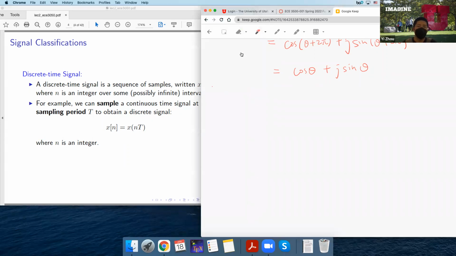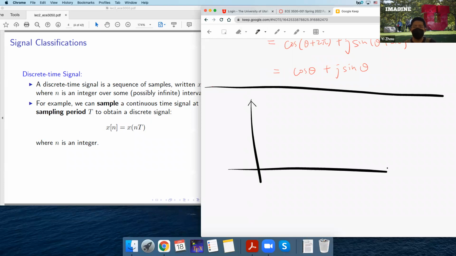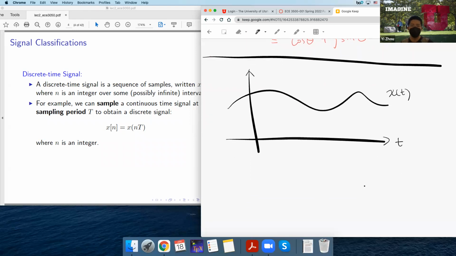Here we can visualize this sampling process. We have this continuous time signal x(t). If I want to record this signal in a computer or digital device, I have to discretize it.